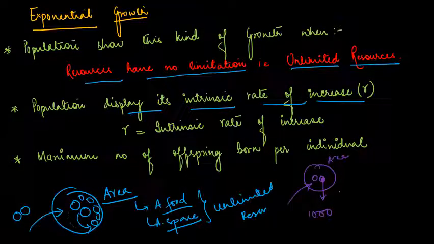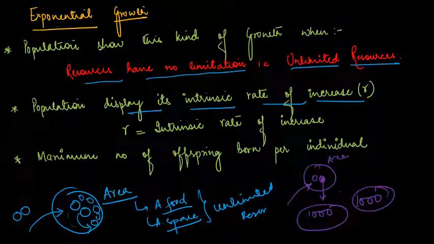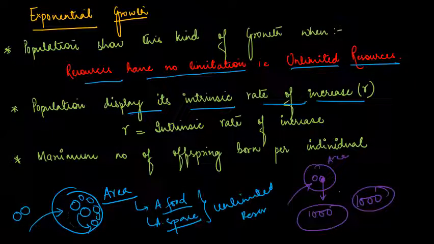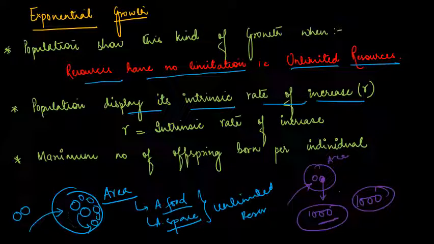And they will give birth to 1000 only, right? So that is what we call intrinsic rate of increase. That means when they give birth to the maximum number of offspring as per their capacity, that is what we call intrinsic rate of increase.